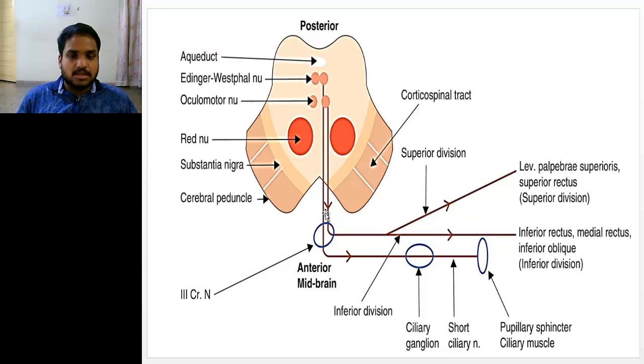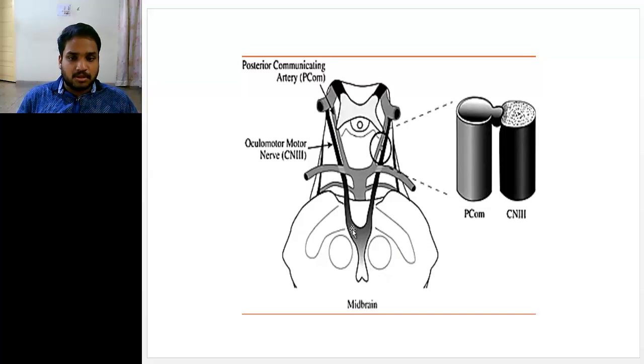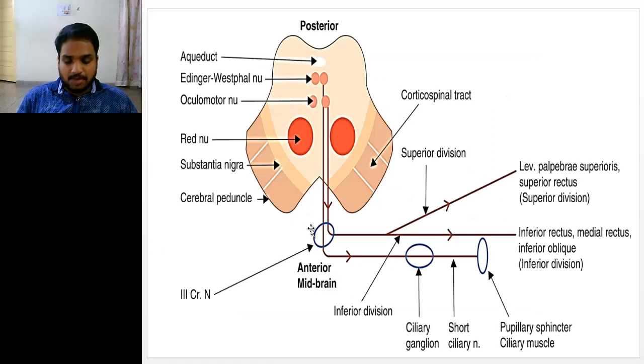It passes in the anterior part of the midbrain, passes downwards, and then it is in close relation with the posterior communicating artery. You can see in this diagram. It's a very important relation.